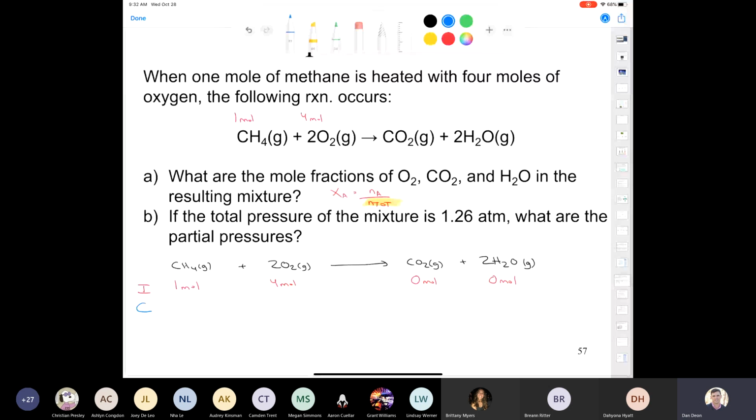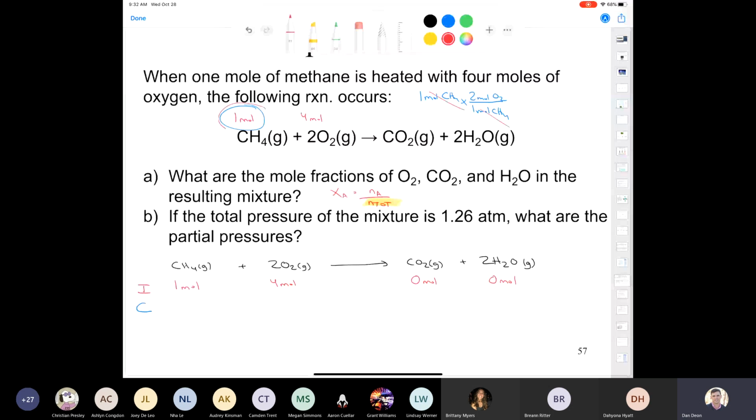Well, if I look at my balanced equation, I know that for every 1 mole of methane, I'm going to consume 2 moles of oxygen, right? That comes from my balanced equation.